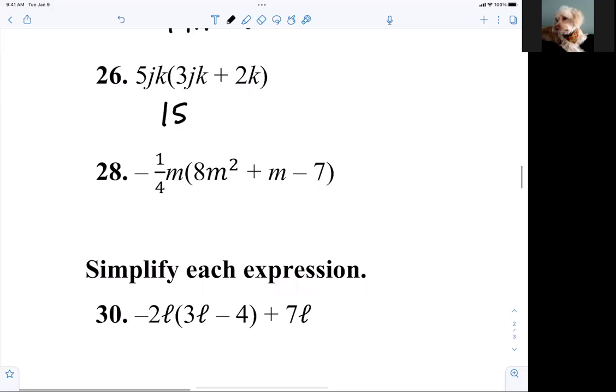15 JK squared. What about the J? Right. You didn't say that though. You're right. It's 15 J squared K squared plus what? Plus 10 K squared.